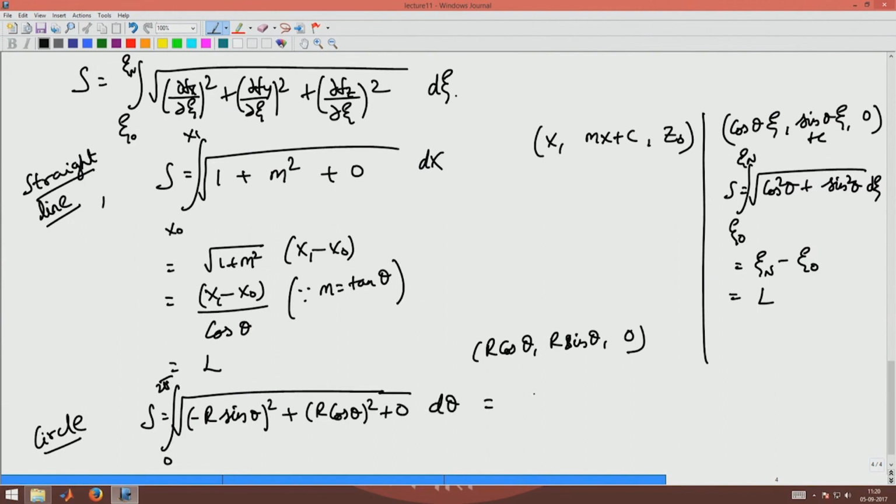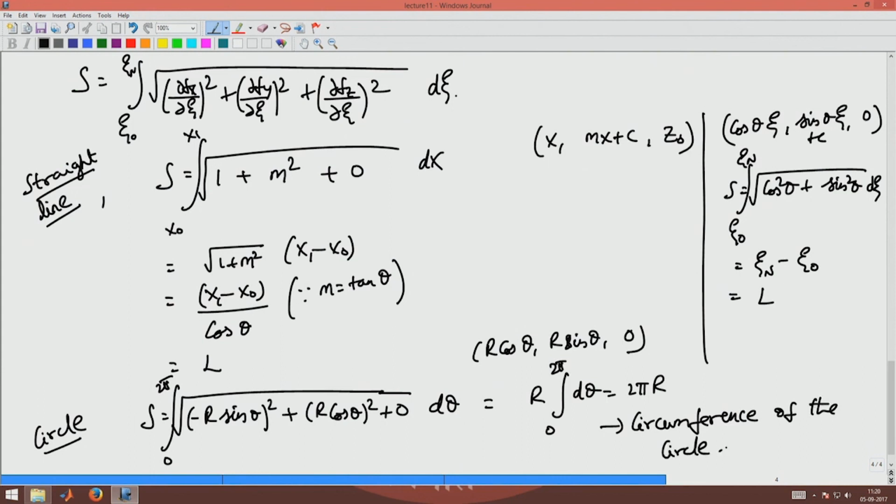This is nothing but r times the integral of d theta from 0 to 2 pi, that will be 2 pi r. This is the circumference of the circle.